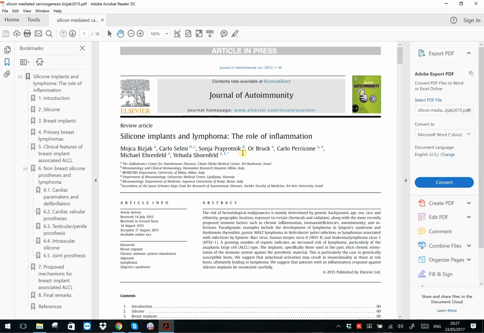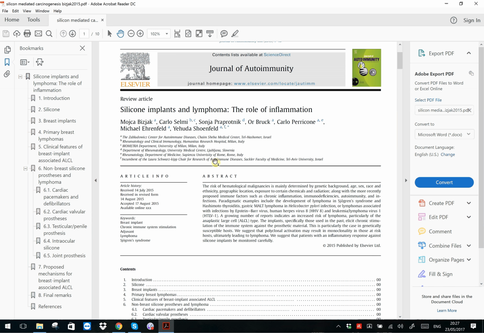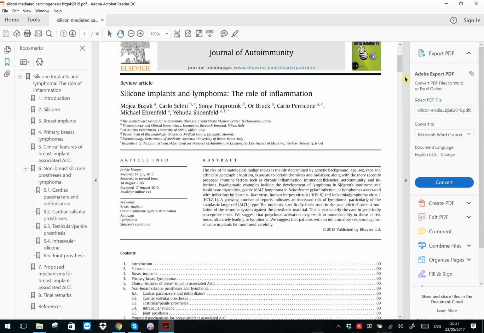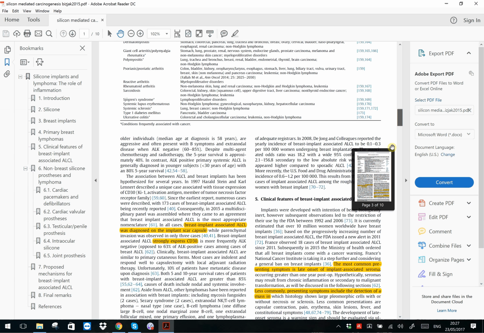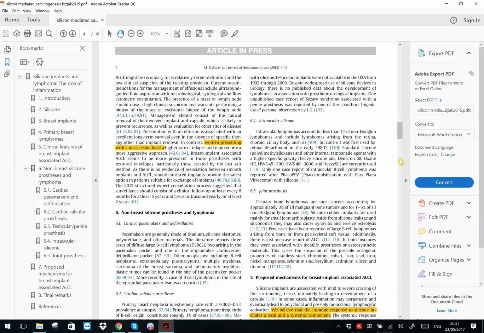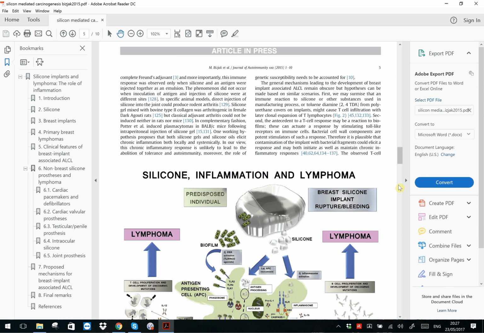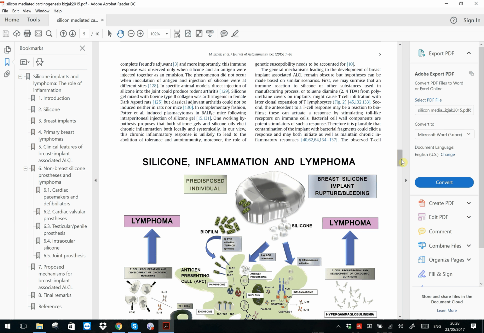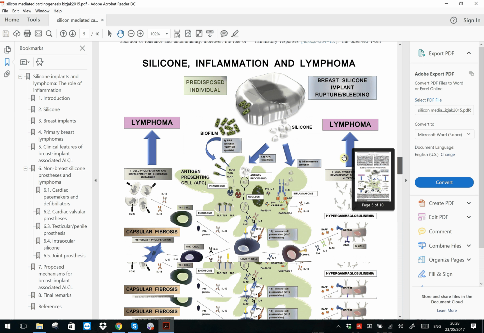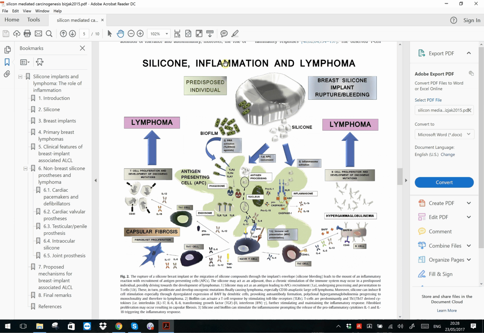We can understand here that antigen-presenting cells like macrophages take up silicone particles. Then there comes inflammation, hypergammaglobulinemia, cytokine secretion, capsular fibrosis, T-cell proliferation, and oncogenic mutations that lead to anaplastic large cell lymphoma.